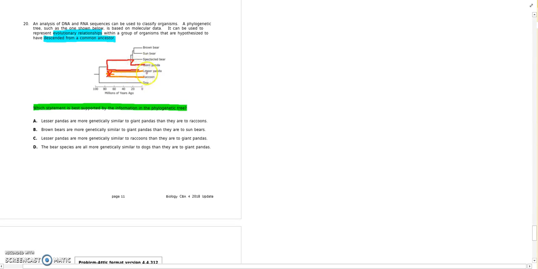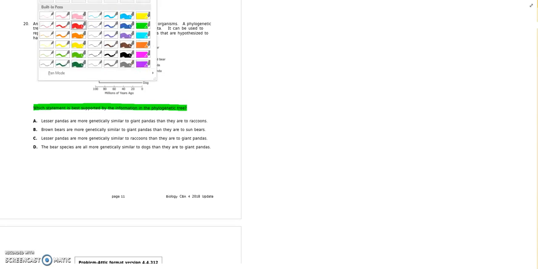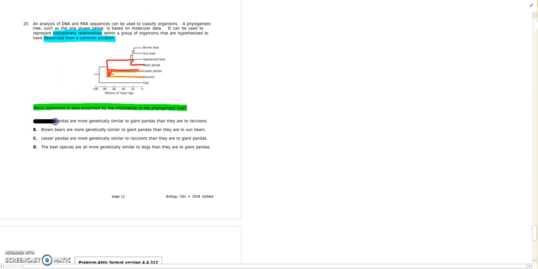So I'm going to say lesser pandas are actually more related to, or genetically similar to, the raccoon than to the giant panda. So I'm going to get rid of answer A here.